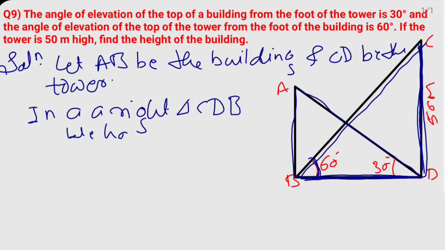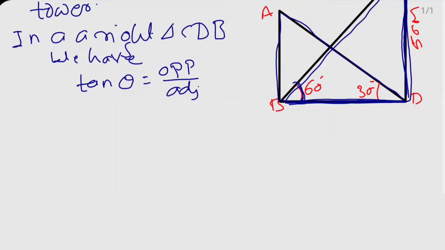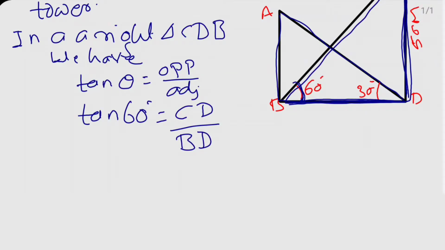So we have tan theta equal to opposite by adjacent. So now here, tan 60 equal to opposite, which is CD, divided by adjacent, which is BD. And here we know the value of tan 60, that is root 3, equal to CD, which they gave as 50, divided by BD.